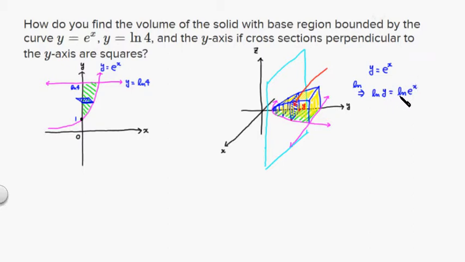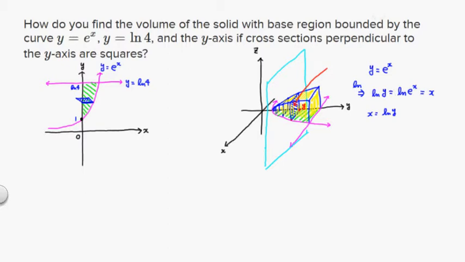Remember that the natural log and the exponential functions are inverses of each other, so they cancel out, and you just get x. So x is equal to natural log of y.